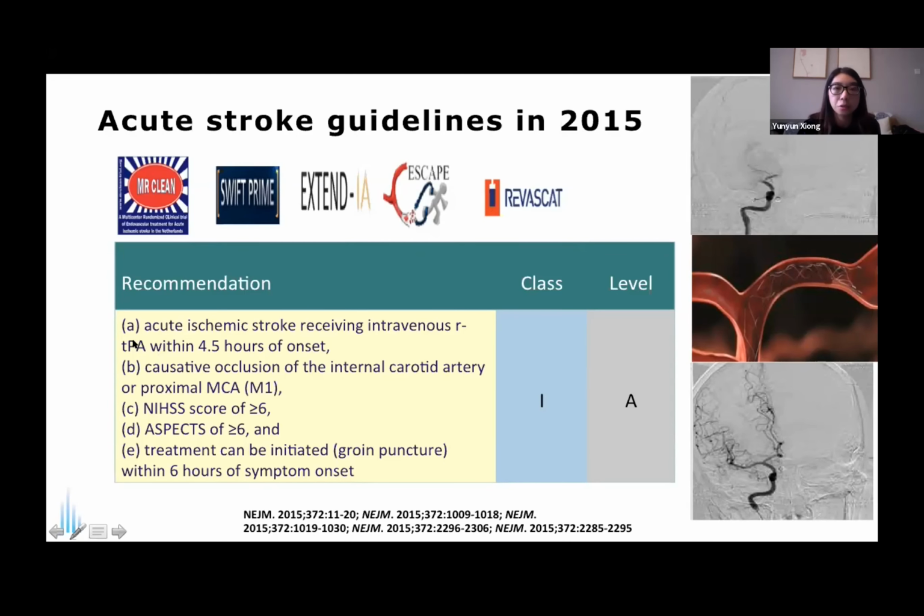The acute stroke guidelines recommended that patients with acute ischemic stroke receive IV tPA within 4.5 hours of symptom onset. This used to be the time window for tPA treatment.